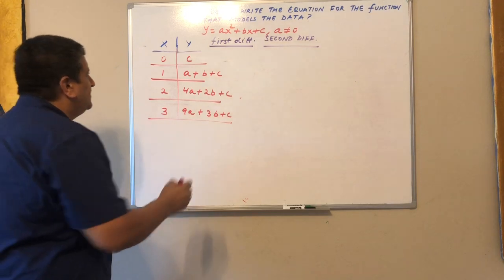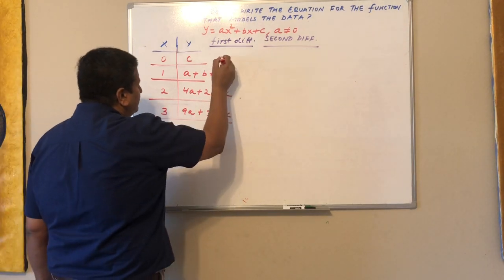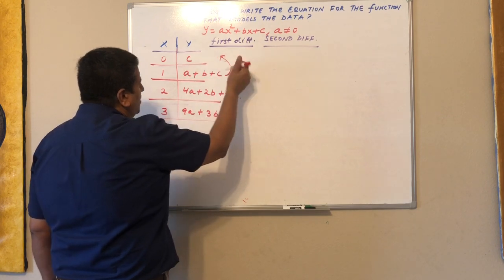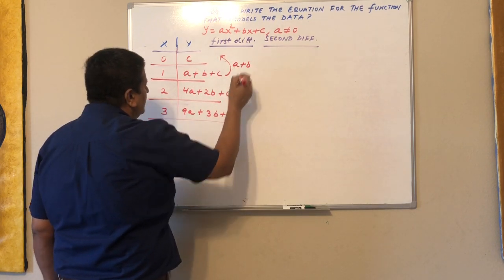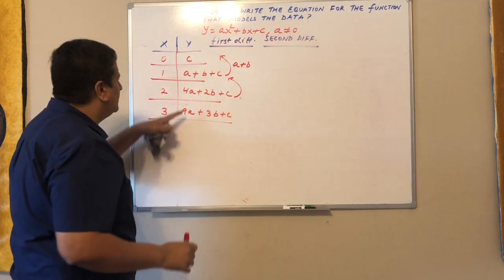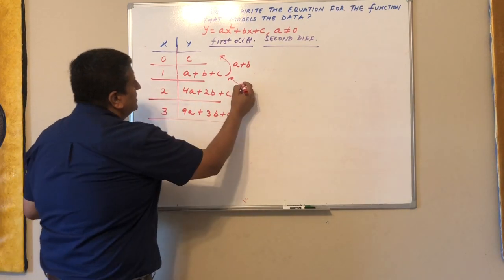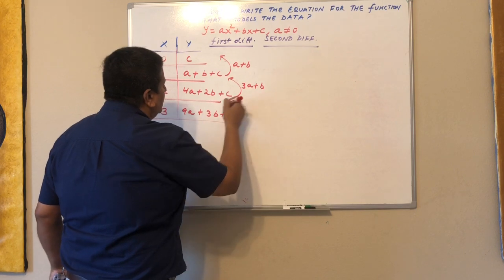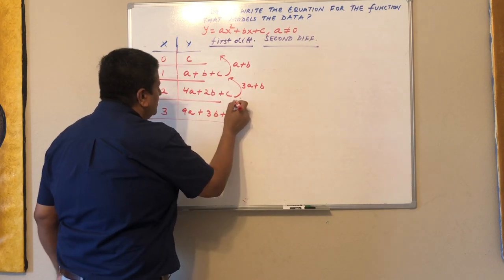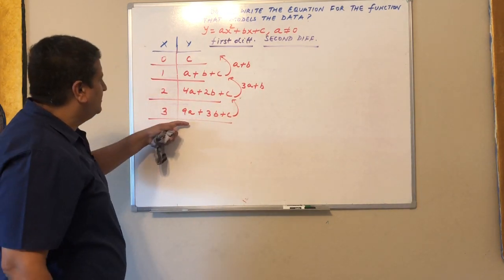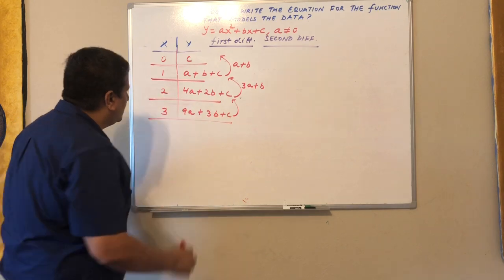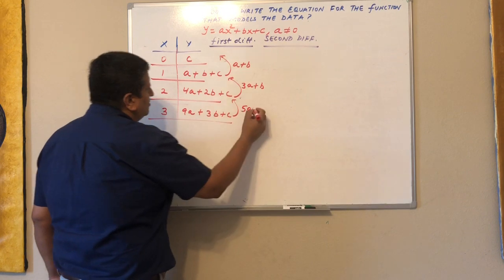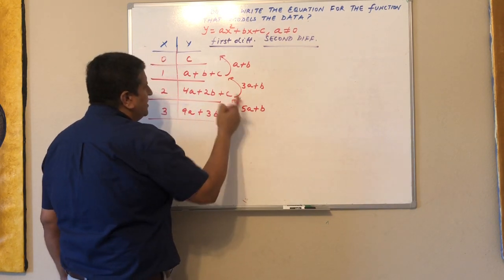So let's find the first differences now. a plus b plus c minus c would be just a plus b, and 4a minus a, that's 3a, 2b minus b, that's just b, and c minus c is 0. Next, 9a minus 4a, that's 5a, 3b minus 2b, that's b, and c minus c is 0.